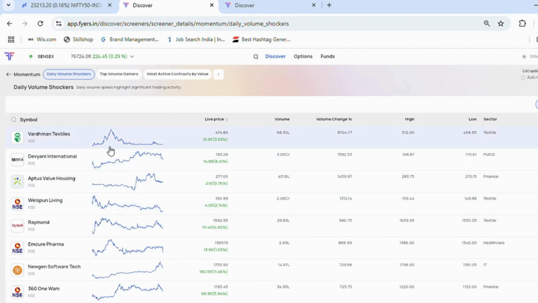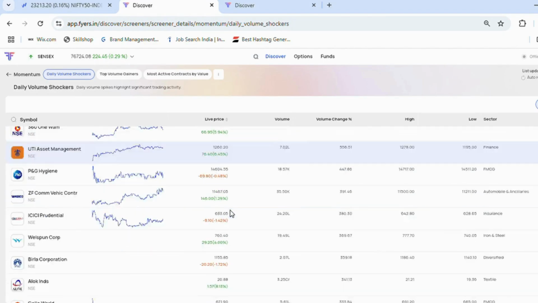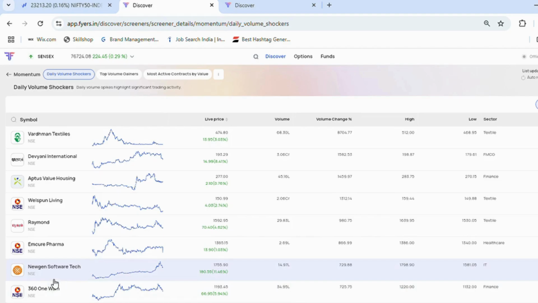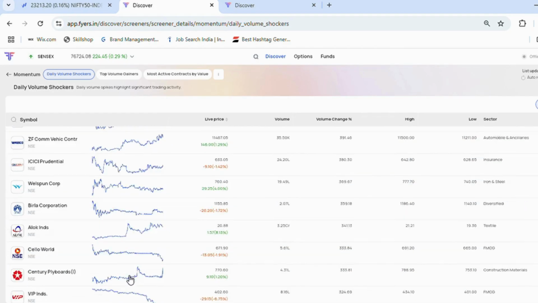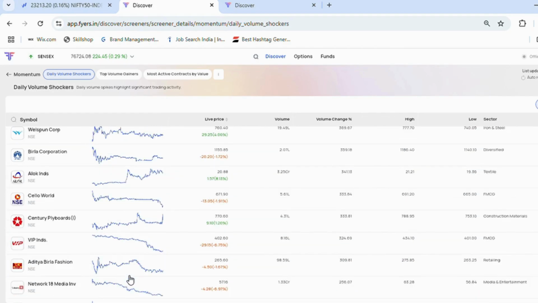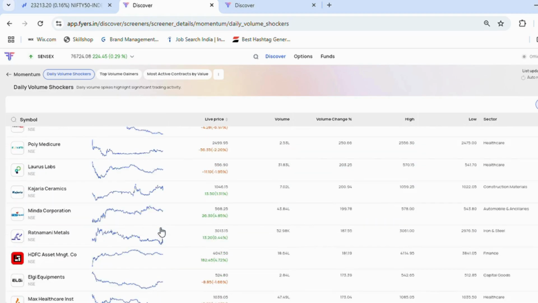Here we can see six stocks in this screener.